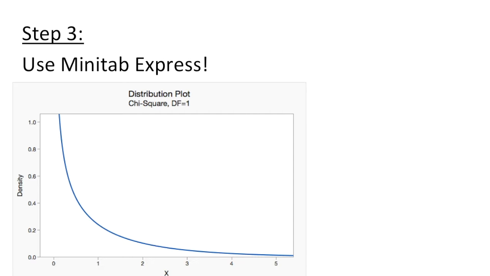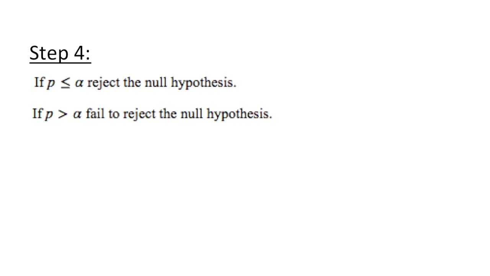Again, Minitab Express is going to compute the p-value for you, so you won't actually need to construct this distribution yourself. We'll walk through one example shortly, and I will show you where the p-value is coming from on this distribution, but for the most part, you'll just use the p-value that shows up in your Minitab Express output. Step 4, as always, if p is less than or equal to alpha, reject the null hypothesis.